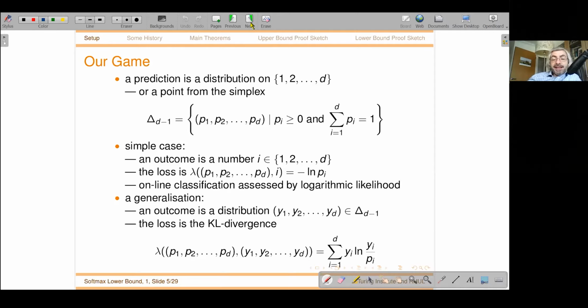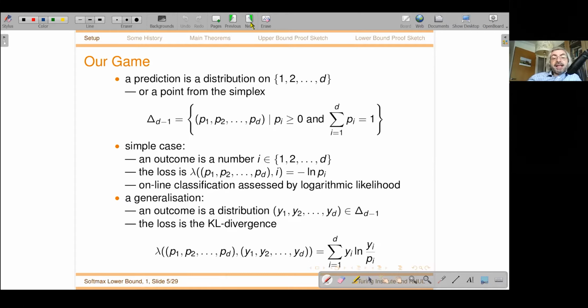In a simple case, an outcome is just an element of this finite set. And then the loss is the negative logarithm of the probability we assigned to that element. So you can think of the problem as online classification assessed by logarithmic likelihood.